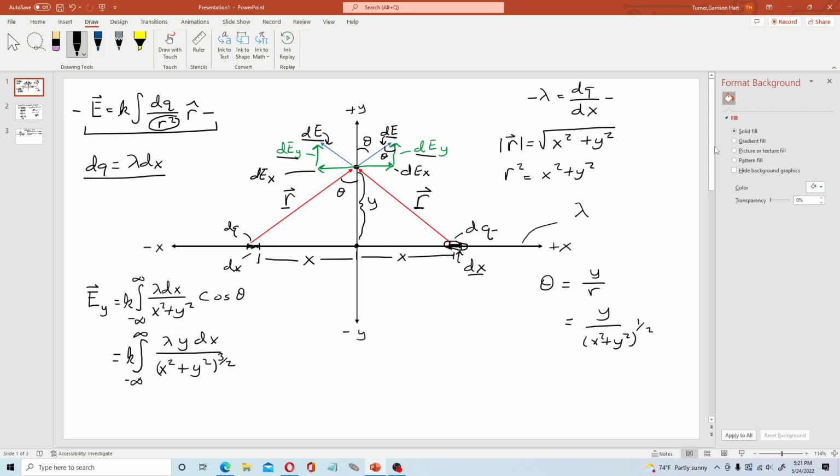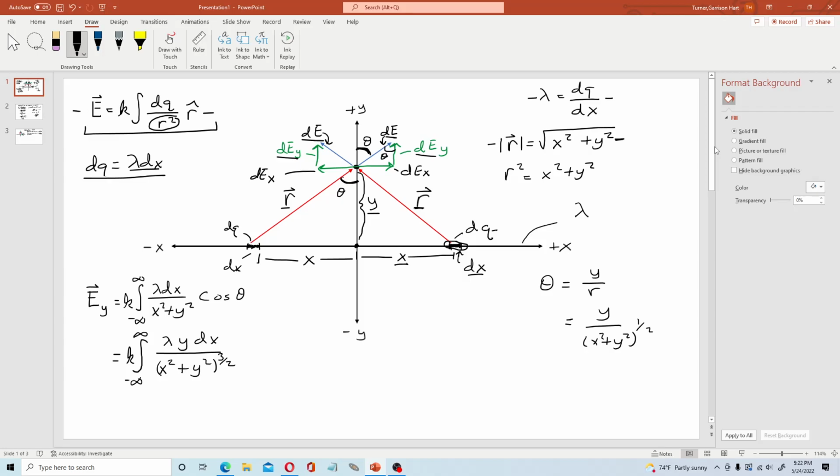So we can automatically insert lambda dx for dq, and we want to get r squared. So by the Pythagorean theorem, we note that the magnitude of the r vector is going to be x squared plus y squared, square rooted. And so then r squared is going to be x squared plus y squared. And if I define this angle right here to be theta, then by the vertical angle theorem, this angle is theta.